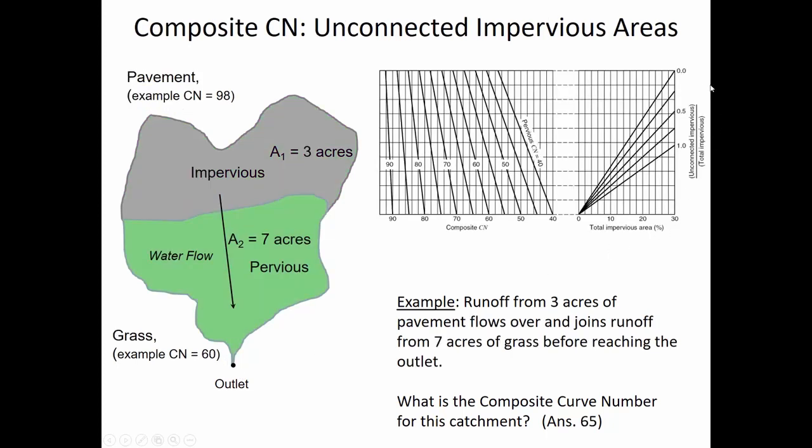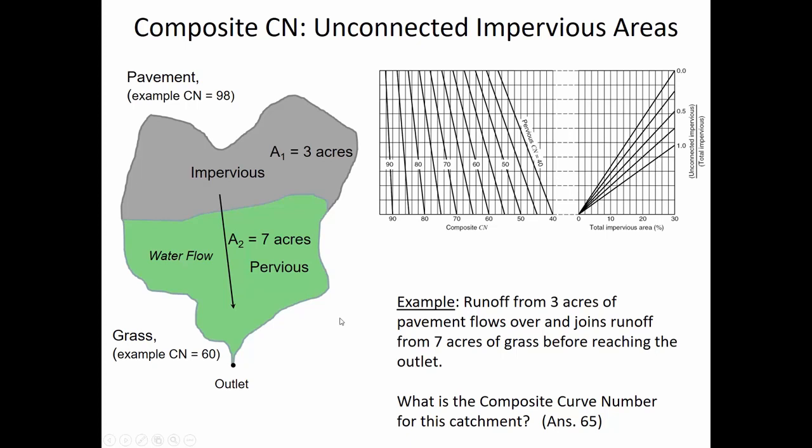So over here on the vertical axis on the right, we have 100% of the impervious is unconnected. So you'll see here this ratio where it says unconnected impervious to total impervious. So we have 3 acres of impervious surface and all of it is unconnected. So we're going to use this 1.0 curve.